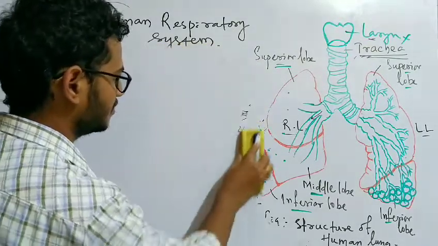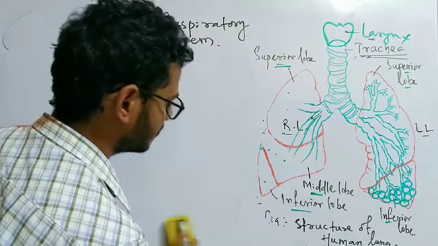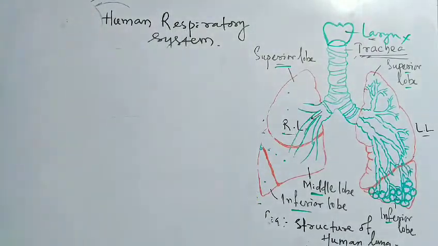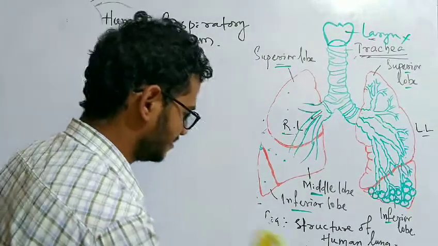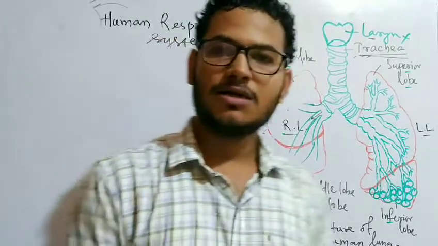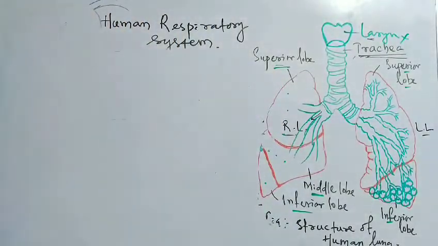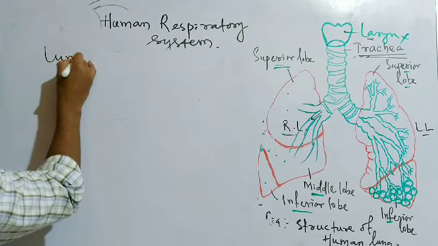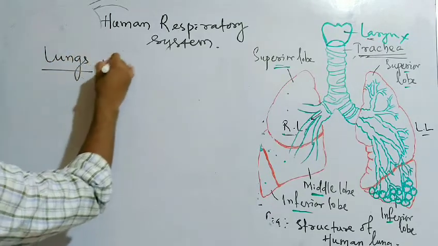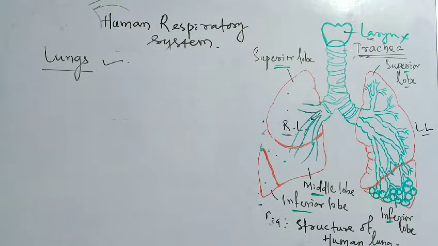So in order to travel through the distance of 0.1 micron, it is designed like that. So lungs, the most important part of the respiratory system.